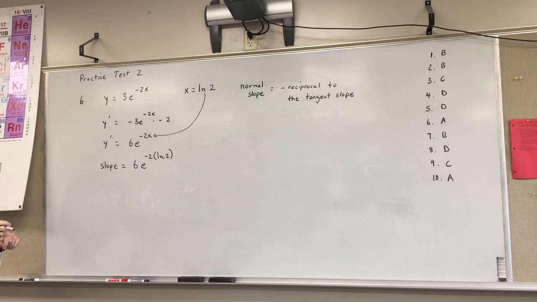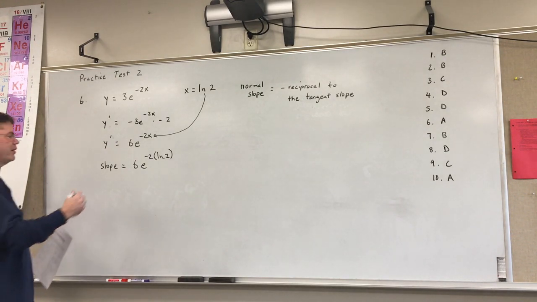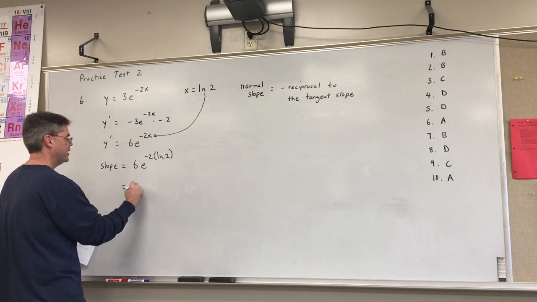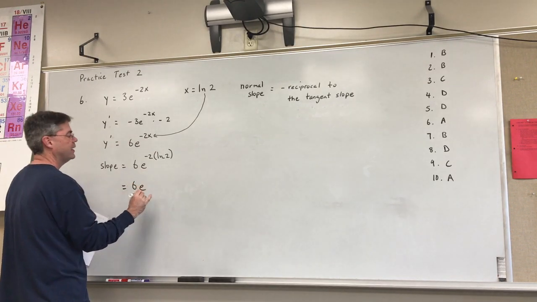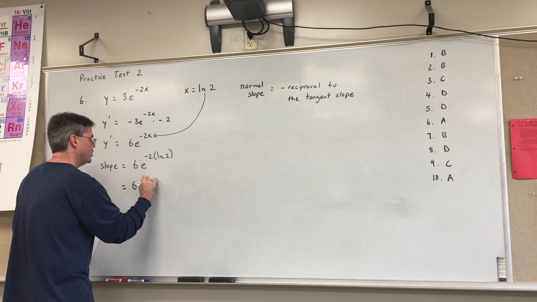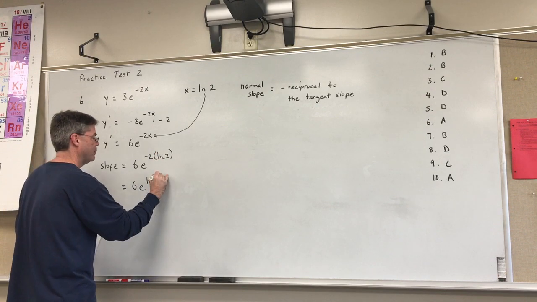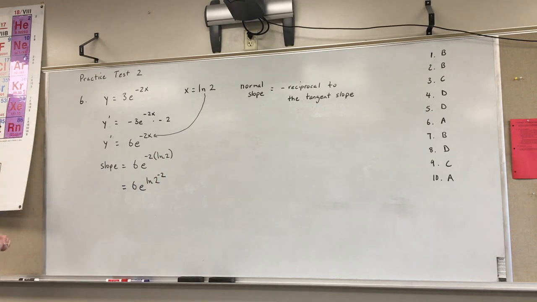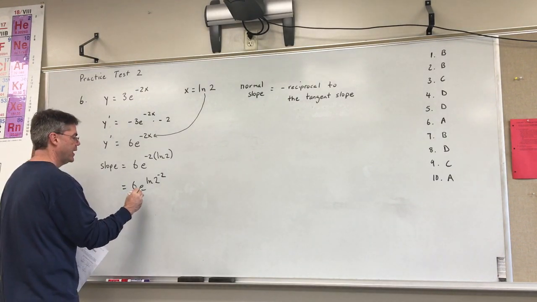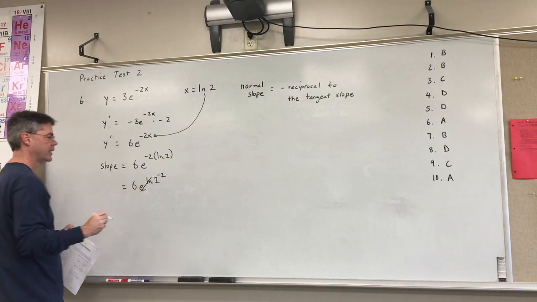So here's where you need to know the properties of logarithms in order to try to figure this out. Let's rewrite this as 6e to the natural log 2, and then we can bring that coefficient up top here to minus 2. Remember, e and natural log cancel.